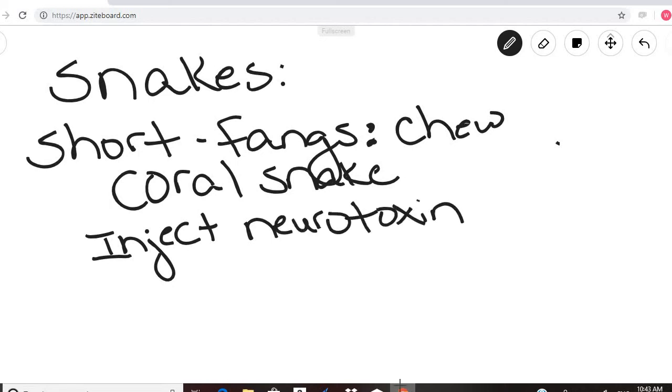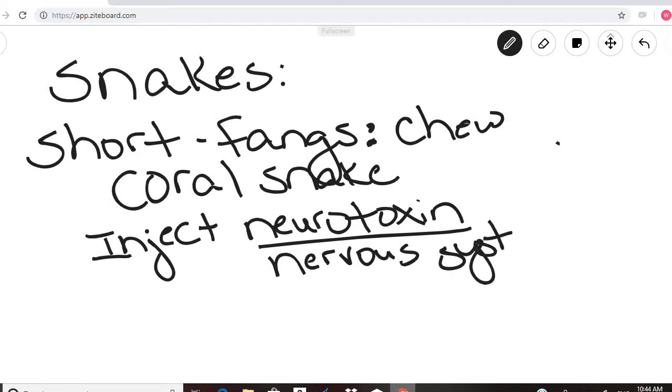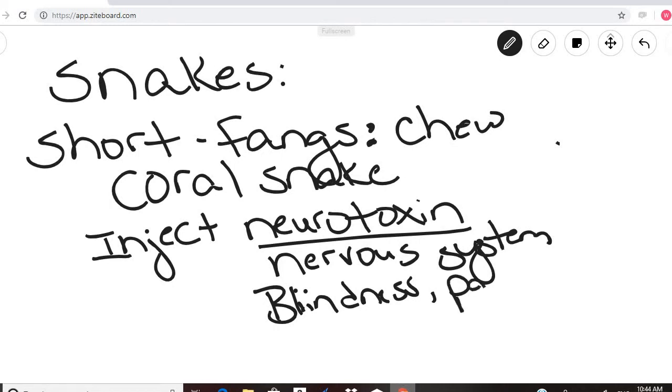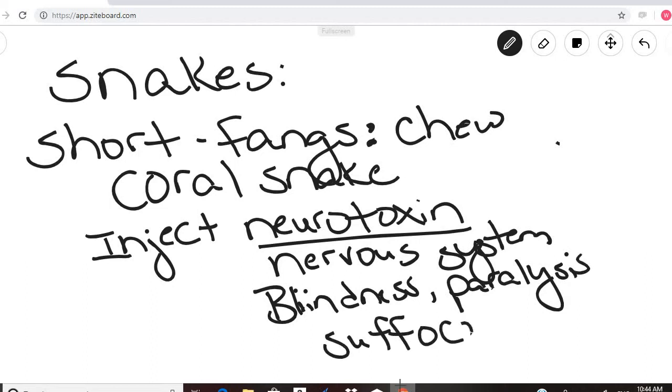A neurotoxin attacks the nervous system, and it can lead to things like blindness, paralysis, or suffocation, because to breathe, the muscles have to receive information from the nervous system.